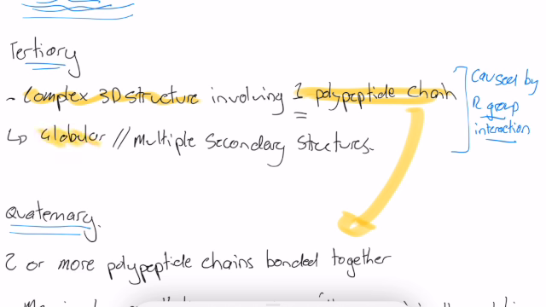They can typically be globular in essence, and ultimately their structure is due to this R group interaction. So it's important to note that obviously each amino acid has its own unique R group, which is what allows that unique and specific protein structure for your tertiary structures.